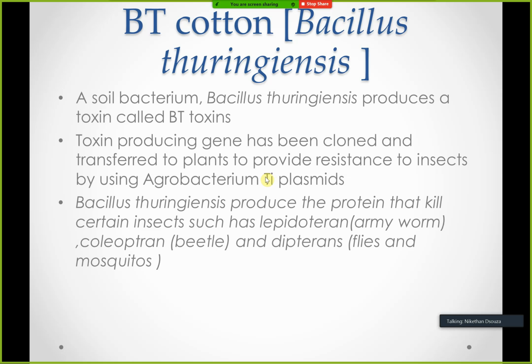These cry proteins are protoxins, that is, they will be inactive in the plants and in the Bacillus thuringiensis. So it doesn't produce any effect on the plants or on the humans. It gets activated only when insects feed on the leaves and stem of the cotton plant.